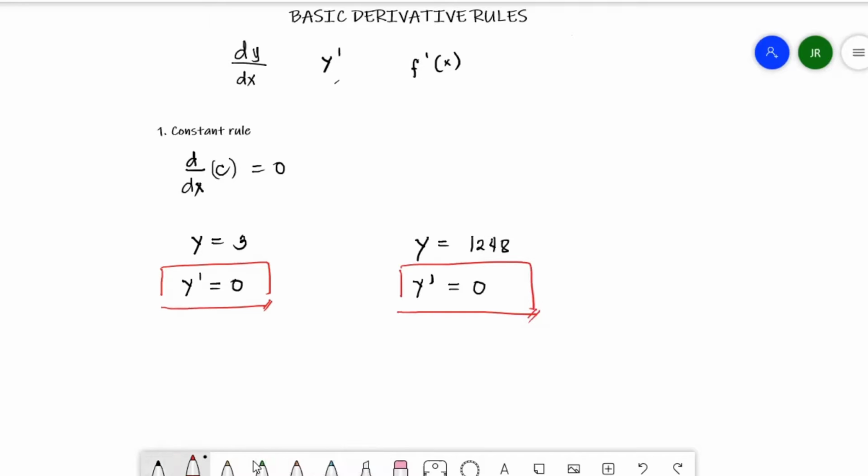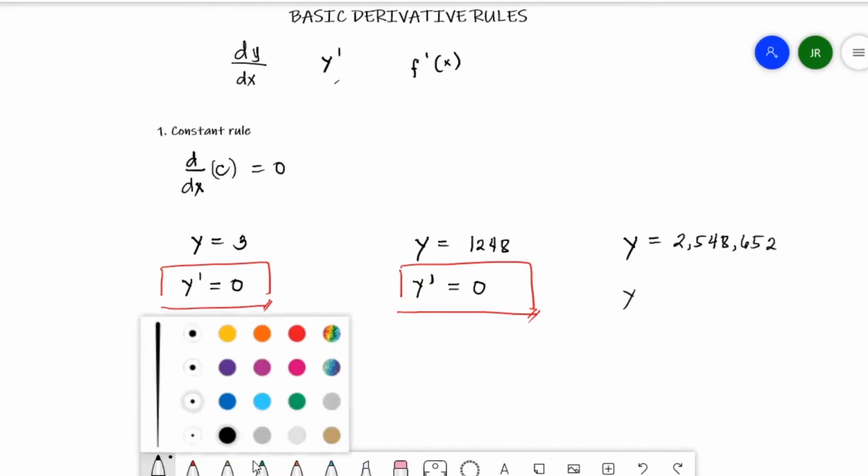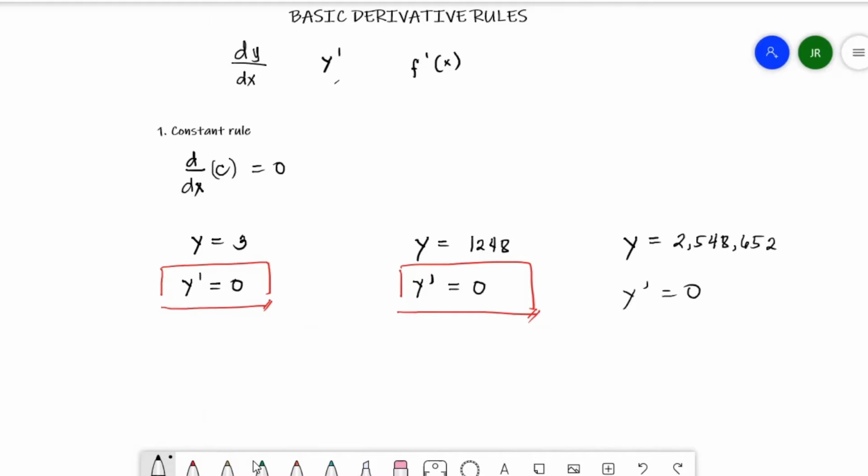Another, kunin natin ang derivative ni y is equal to 2,548,652. Okay? Again, kahit gaano pa kahaba yan or kalaki ang value niyan, ang derivative niyan ay 0 pa rin po. And that is the derivative of a constant is always equal to 0.